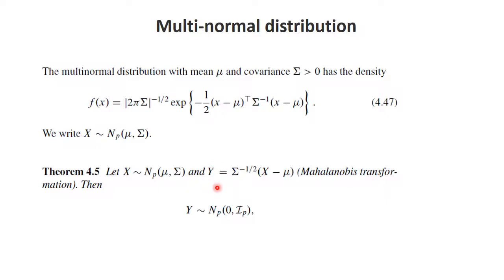It's uncorrelated. So this has a correlation matrix that's basically this guy here, which is the identity matrix. So what does this Mahalanobis transformation mean? This is going to be important in our analysis because it allows us to transform a problem of dependency into a problem with independency.